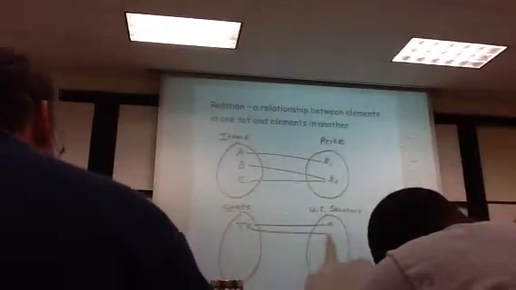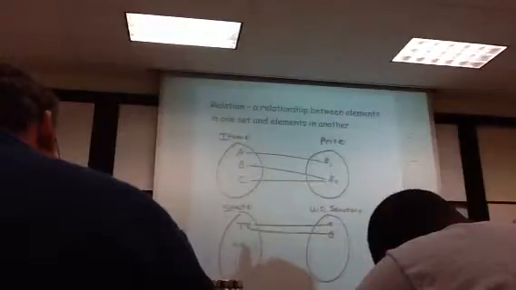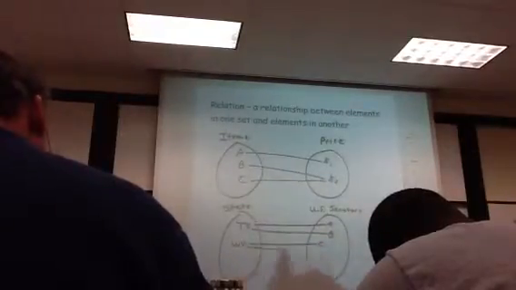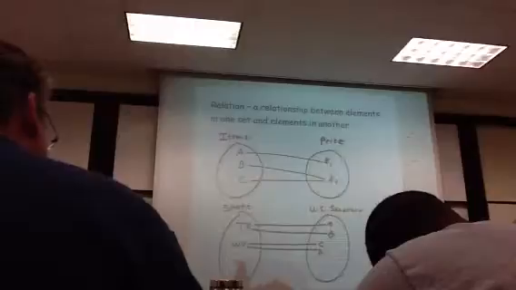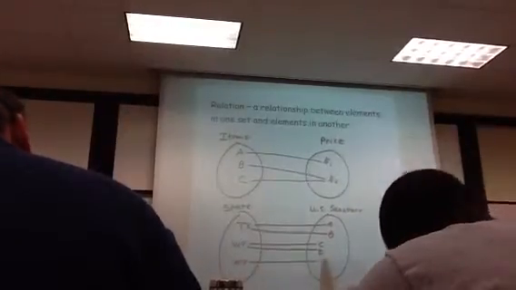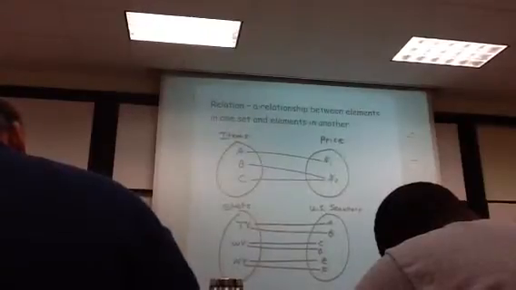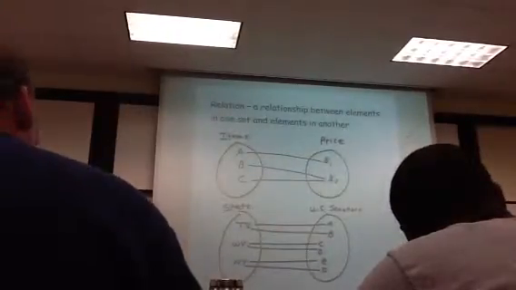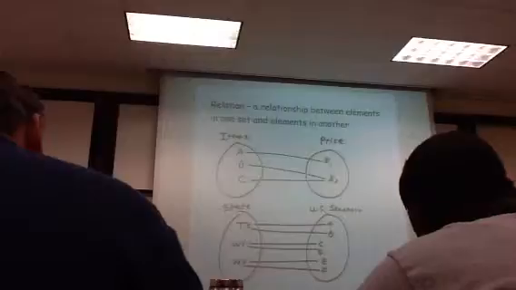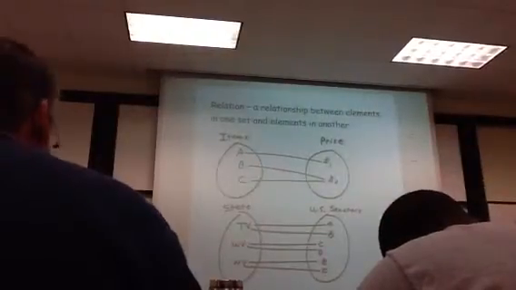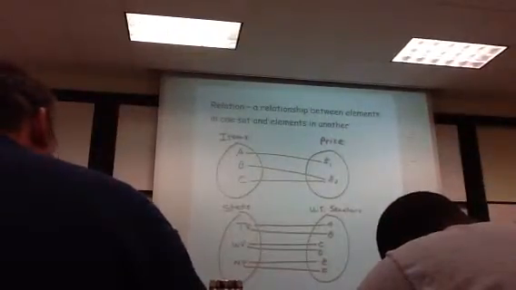Texas has 2 senators. West Virginia has 2 senators. New York has 2 senators. Etc. All right? So every state is related to 2 senators. So those are examples of relations.